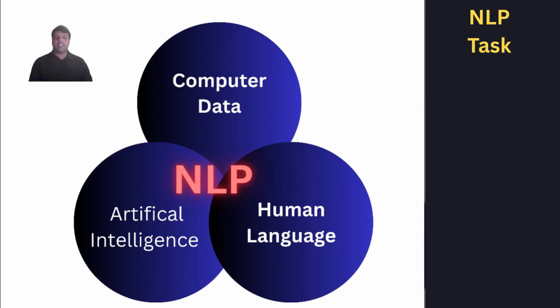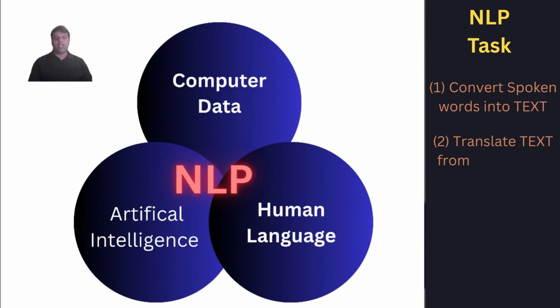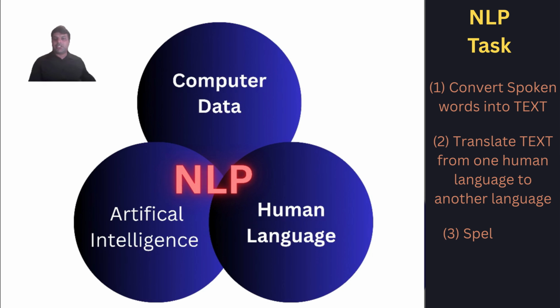Now let's understand what NLP does. NLP, natural language processing, does many important tasks. For example, it converts spoken words into text, so whatever you are saying, it understands and writes down. It translates text from one language to another, and it does many other things, for example spell checking, grammar correction, and language related tasks. It works with any task related to human language.